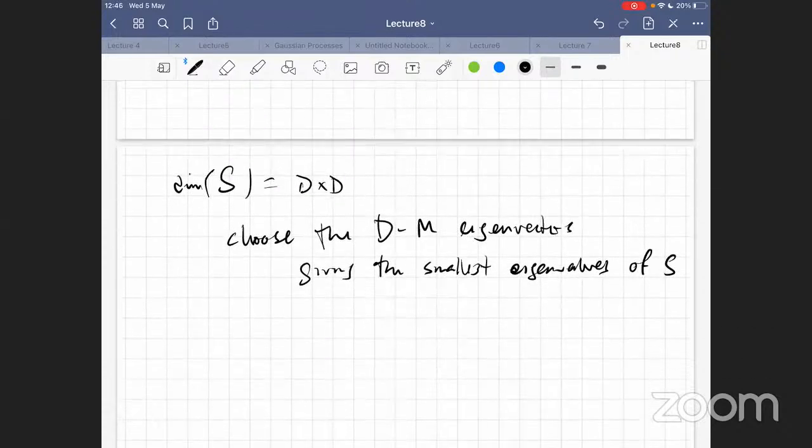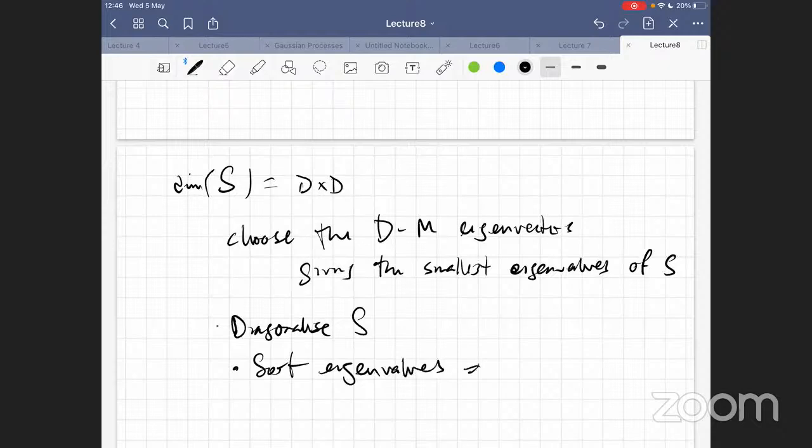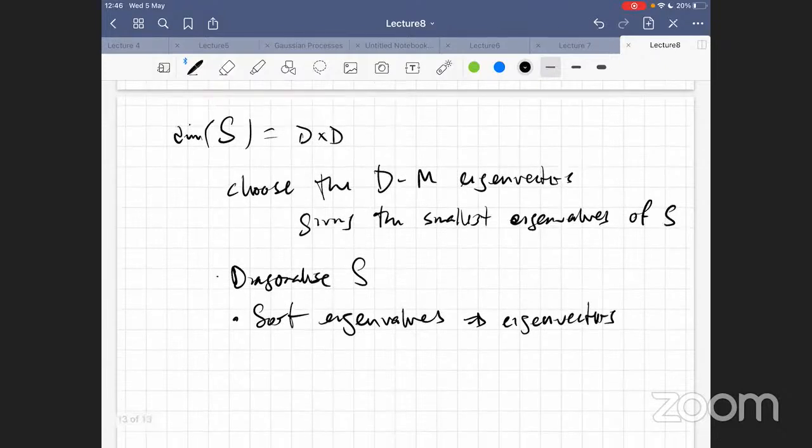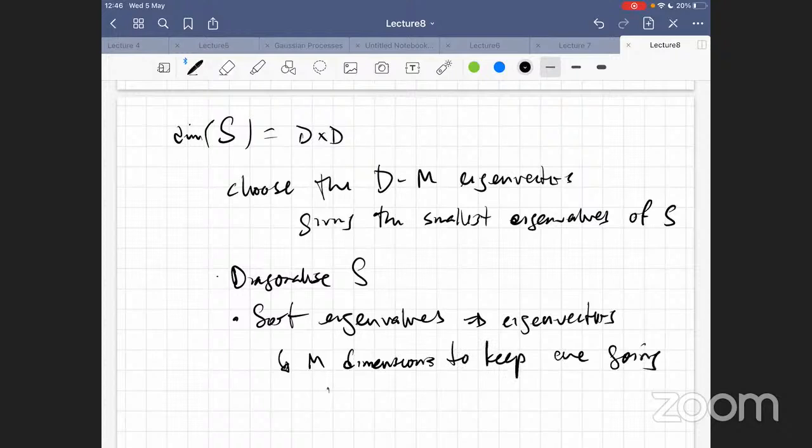And so how do we do this? The general procedure in PCA is actually to do the opposite. You diagonalize S, sort the eigenvalues, extract the eigenvectors, and then you keep the m dimensions to keep, which are going to be those defined by these eigenvectors.